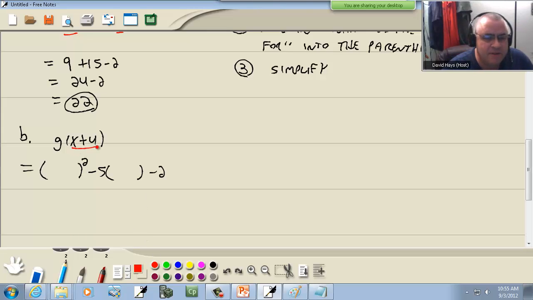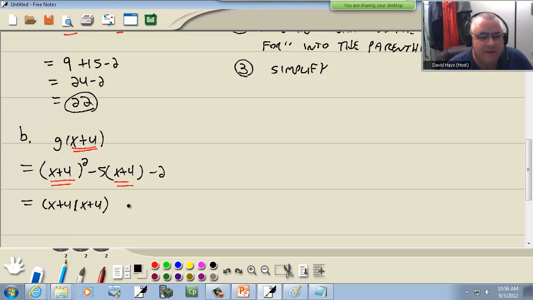Now whatever is inside the parentheses here is what we're going to plug in at this point. And it was x plus 4, so I'll put in x plus 4. Now x plus 4 squared, we have to write out as x plus 4 times x plus 4. Negative 5 times x is negative 5x. Negative 5 times 4 is negative 20, minus 2.